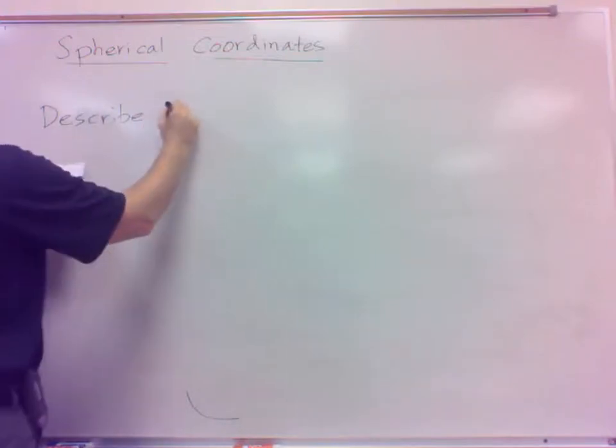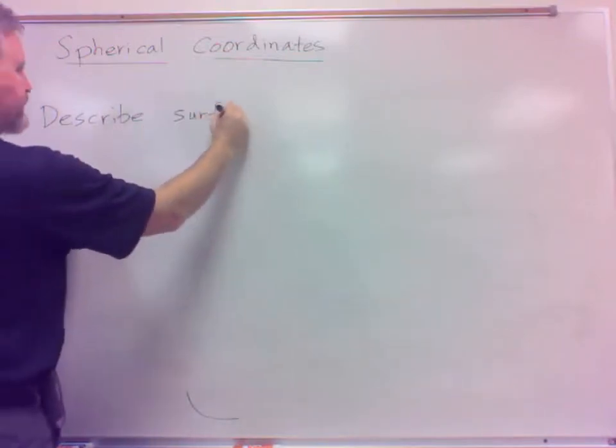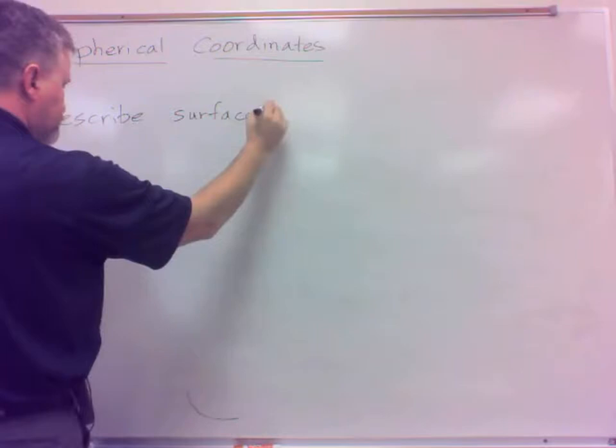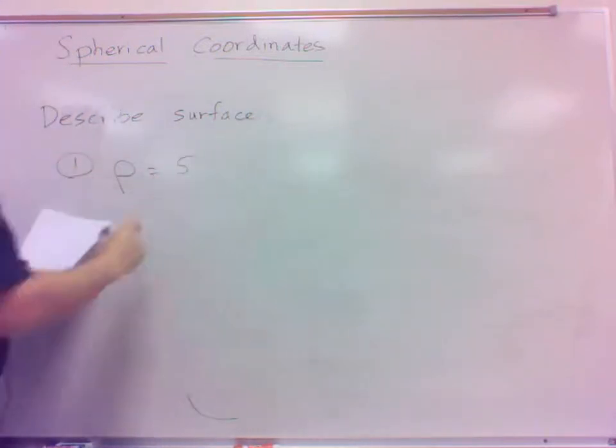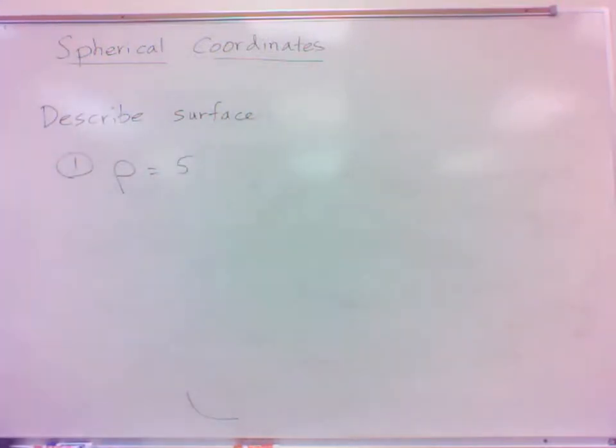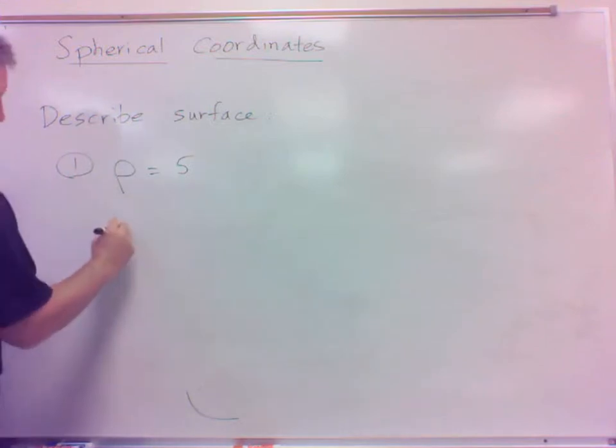Let's think about some surfaces that are given in spherical coordinates. If we have rho equals 5, this is one of the good things about having spherical coordinates. Rho equals 5, if you think about it, means we square both sides.